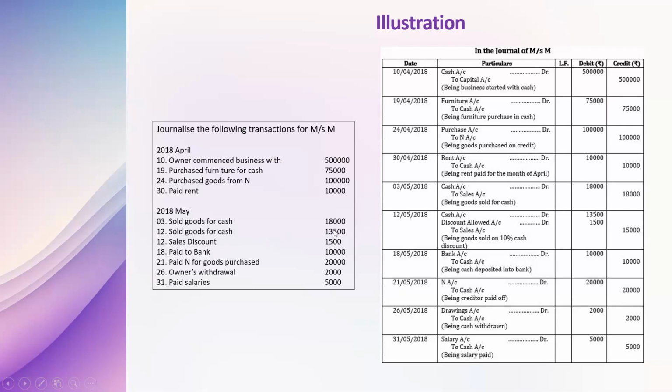If you add up these two, the original money value of the sales comes to 15,000. So the entry is made at cash account debtor, 13,500, discount allowed 1,500, and to sales account, the original money value of the sales, 15,000.